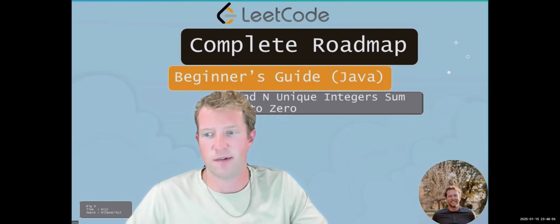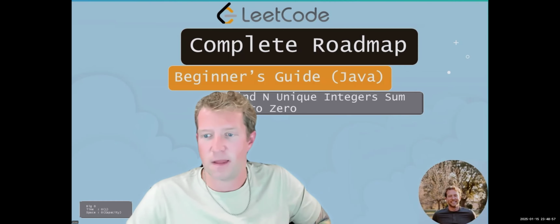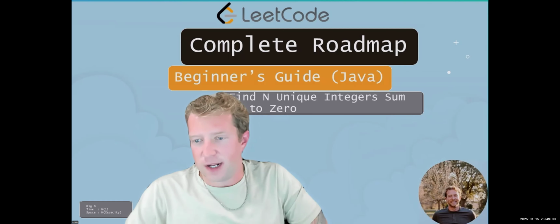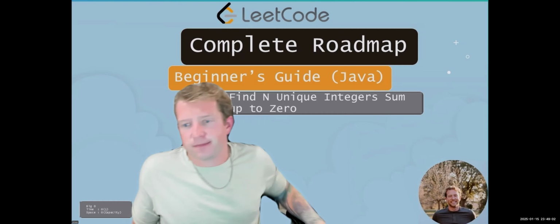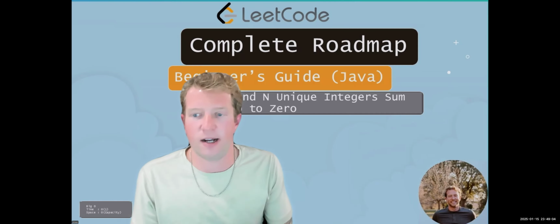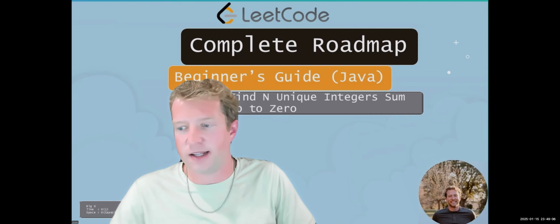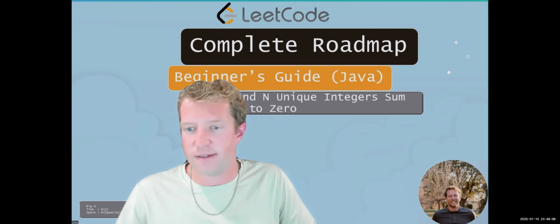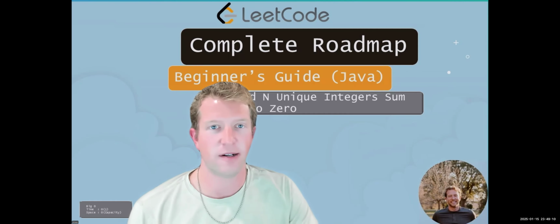So just to go over some of the points for this problem, you want to iterate over it once. That's why we're handling the odd n use case at the end. And you want to account for the edge cases at the beginning of the code.